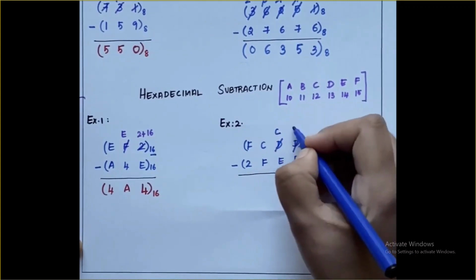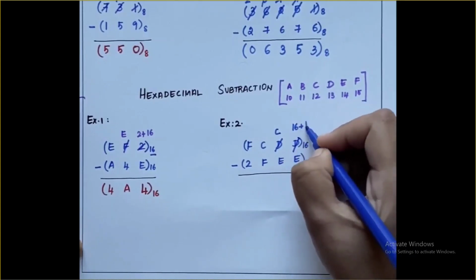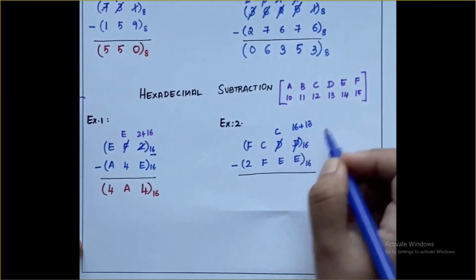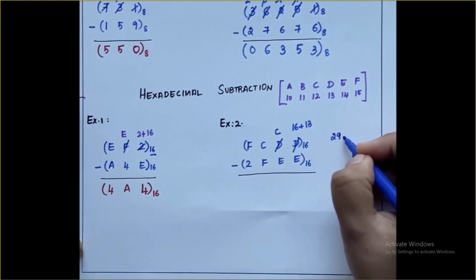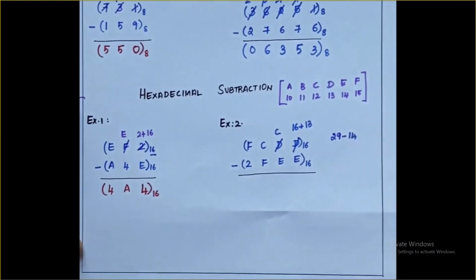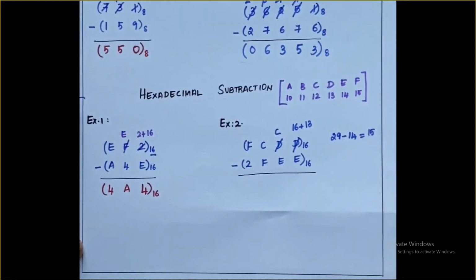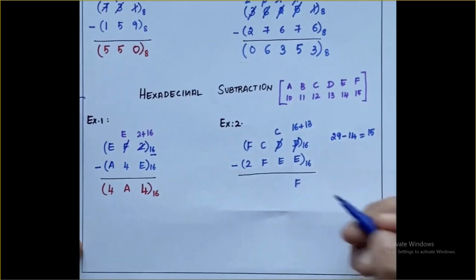Next, in place of D, we have to add the base which is 16 plus D value 13. So 16 plus 13 will be 29 and E is 14. So 29 minus 14 will be equivalent to 15. So the value 15 is represented as F. So that we can write here.